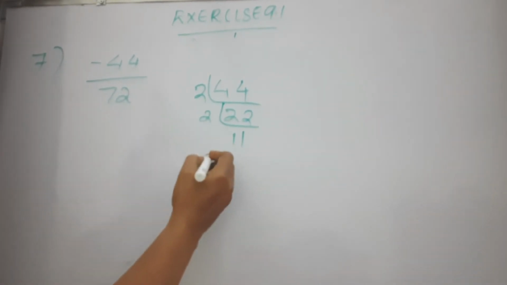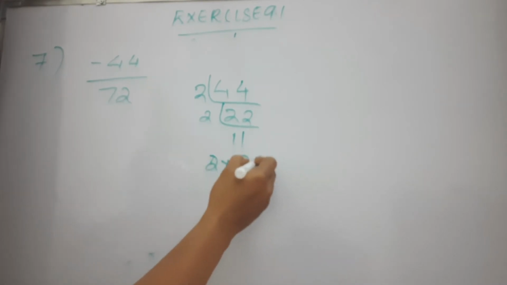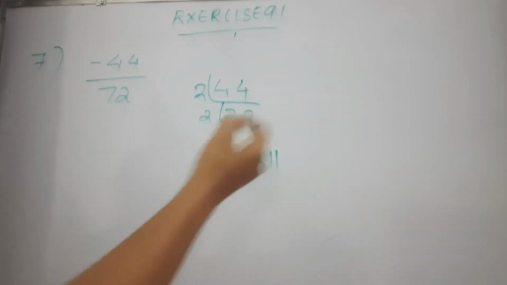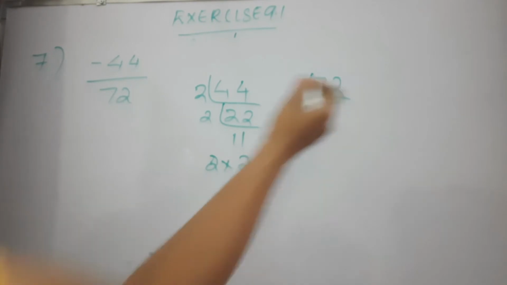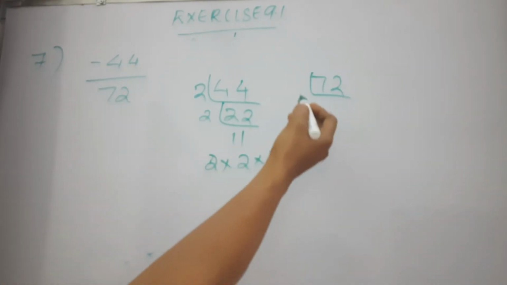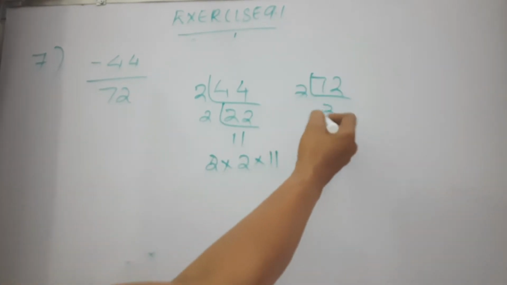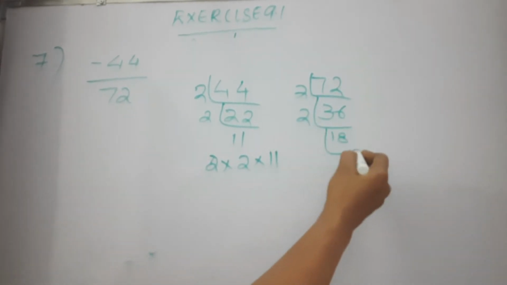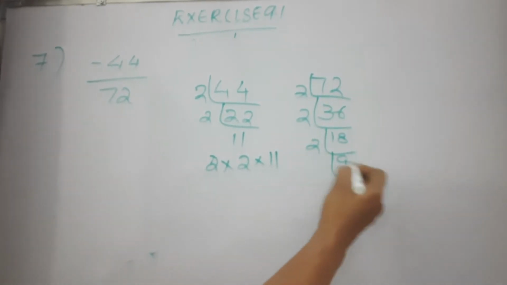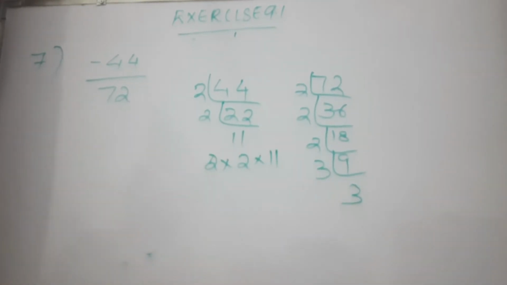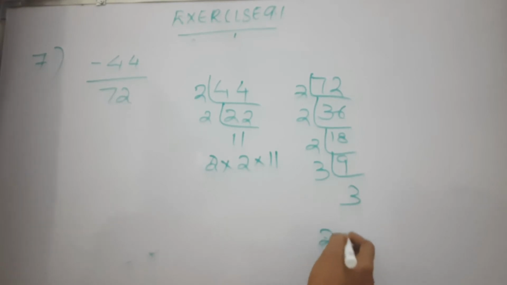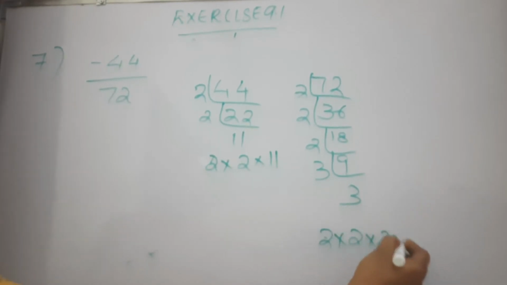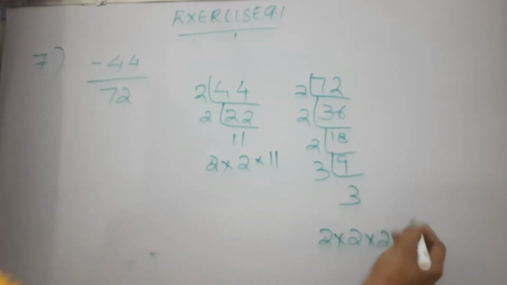Factors of 44 are 2, 2 and 11. Let's take the next number, that is 72, and find out the factors of 72. You get 2 into 36, 2 into 18, 2 into 9, 3 into 3. So here we can see that the factors are 2 into 2 into 2 into 3 into 3.